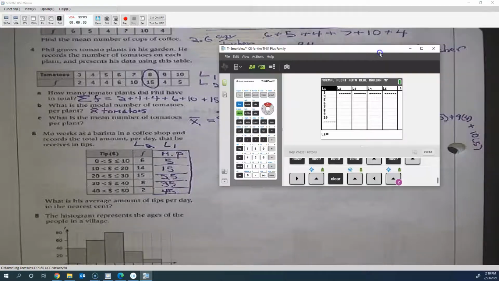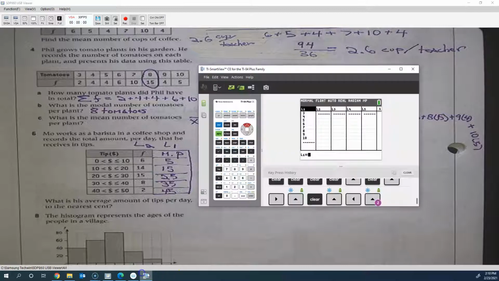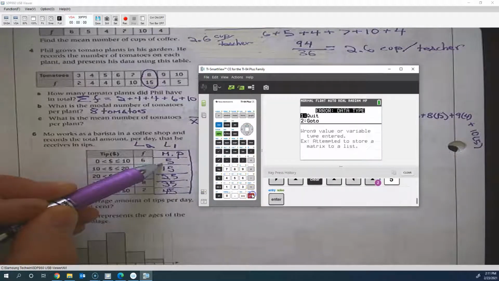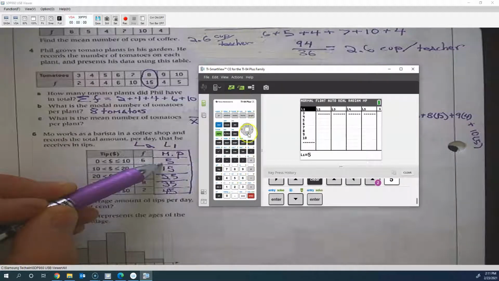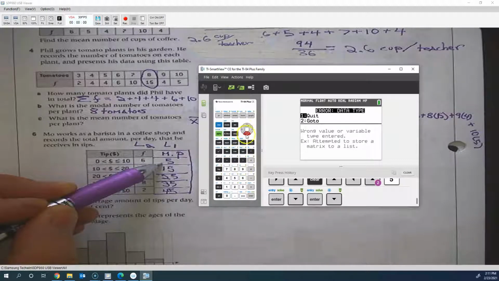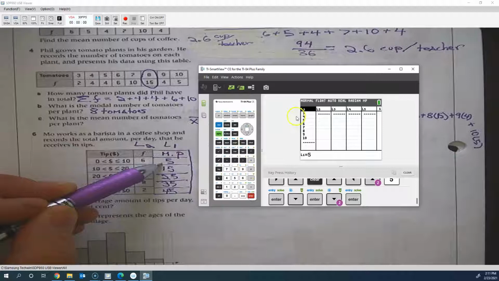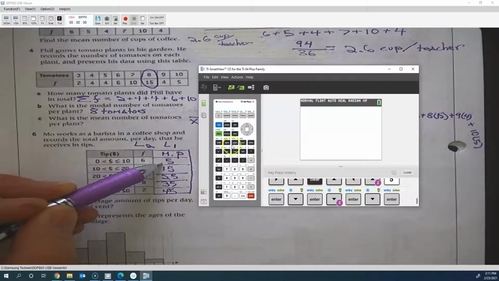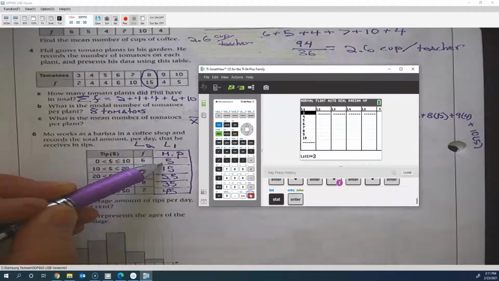Looks like I've got issues because I can't clear my list. See if I can just write over it. So I'm going to do 5. There we go. Okay.